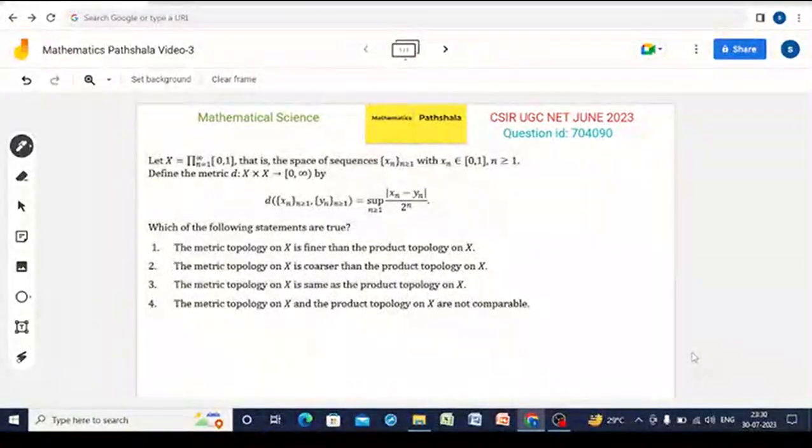So our options 1, 2, 3 will be correct and option 4 will be false.